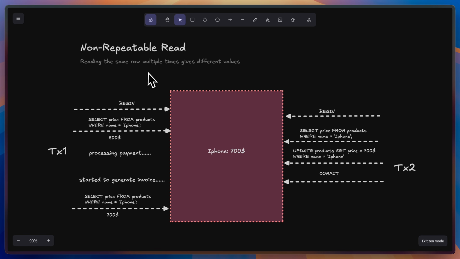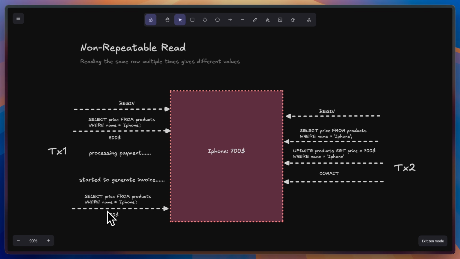This is the problem, and the impact is this: let's say you are going to generate the invoice over here. If you generate the invoice at that point of time, you would see that the iPhone is $700, so in the invoice you would write $700. You paid $800, but on the invoice you got $700.